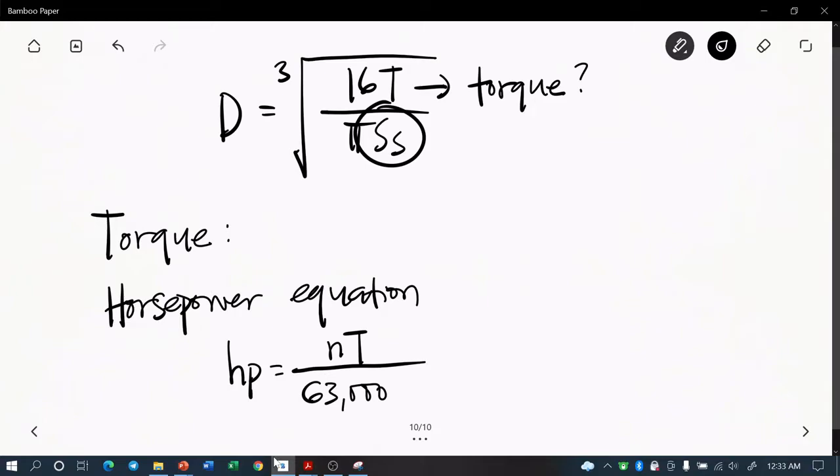The unit for N is RPM, T is in inch-pound, and if it is divided by 63,000, then we're going to obtain the unit of power in horsepower.